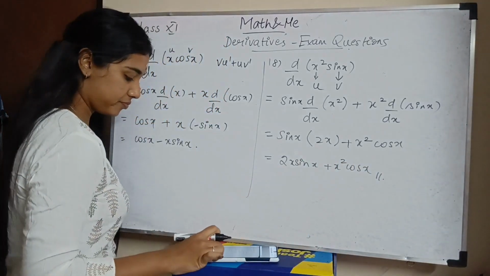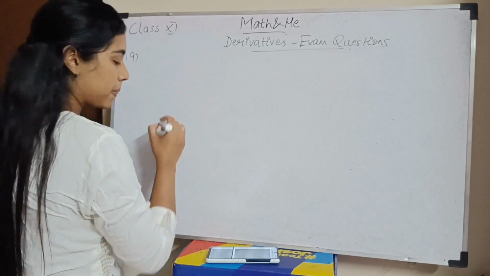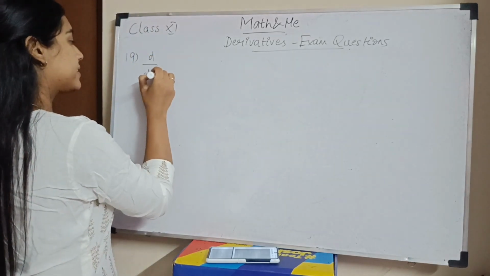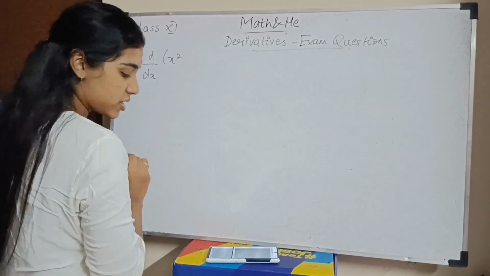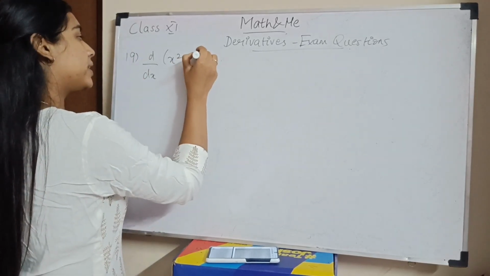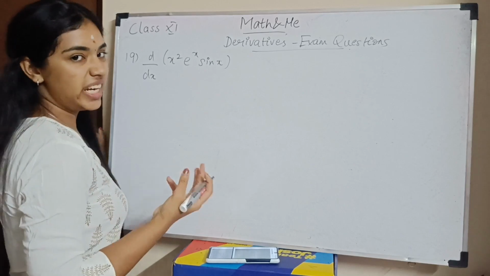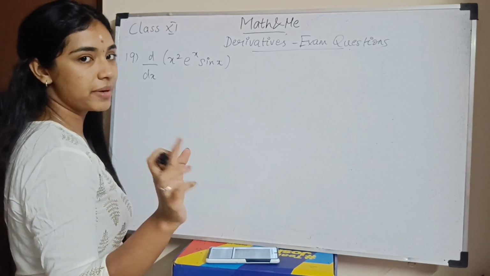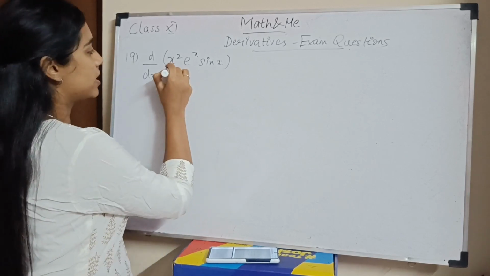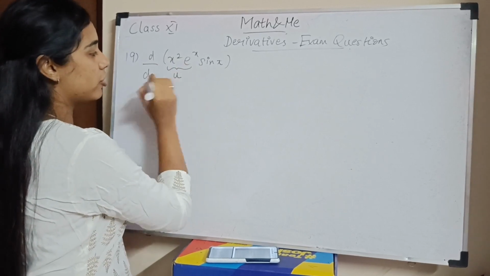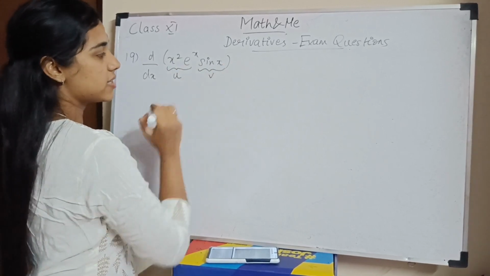Okay. Question number 19. d by dx of x square e to the x sin x. Now since you have 3 terms, I'll club 2 of them as one single term. So now x square e to the x will be your u and sin x is your v.